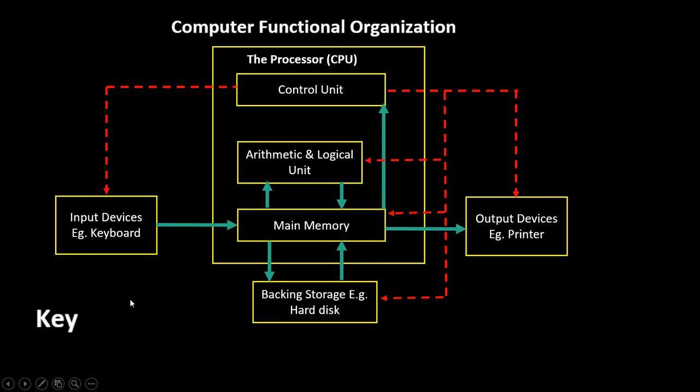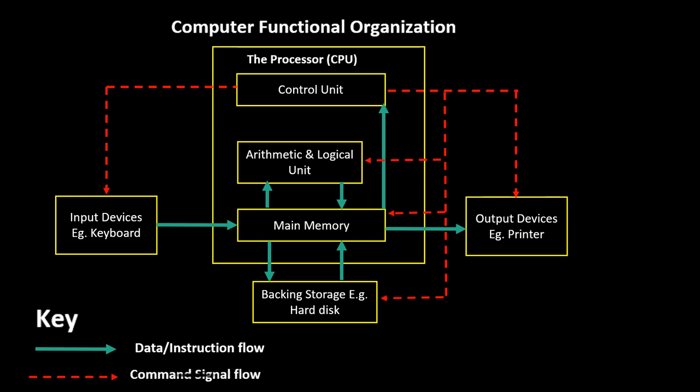But let us look at the key. When you see an arrow of this type, it means data or instructions are flowing. Data or instructions are flowing, they are moving here and there. But when you look at the dotted arrow, what does it mean?